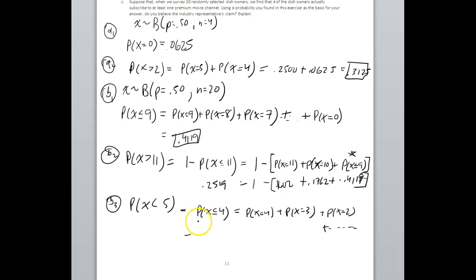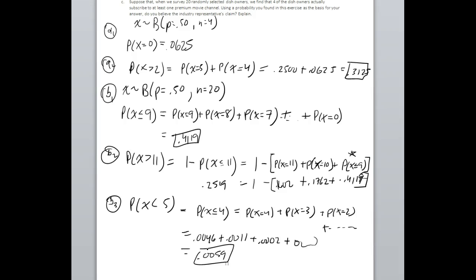And that is going to be 0.0046 plus 0.0011 plus 0.0002 plus some zeros, which is equal to 0.0059.